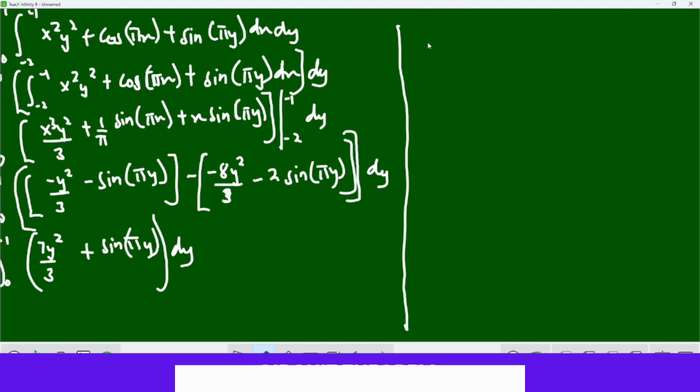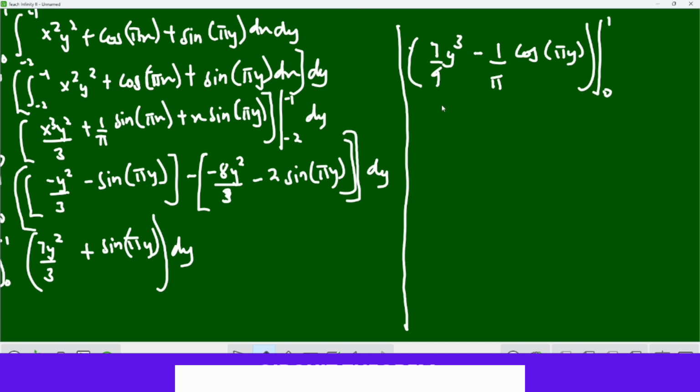So I have 7 on 9 y exponent 3 minus 1 on pi cos of pi y over the region 0 and 1.